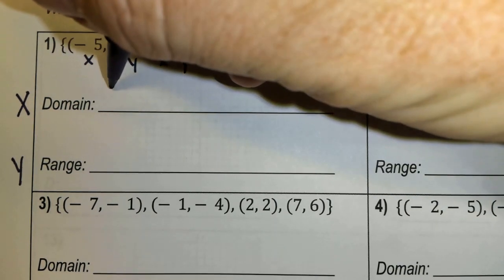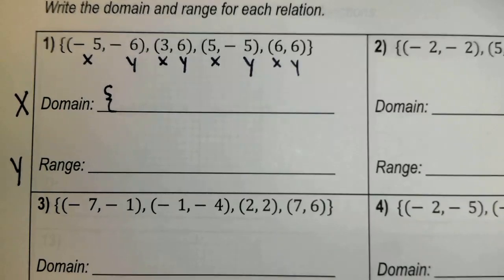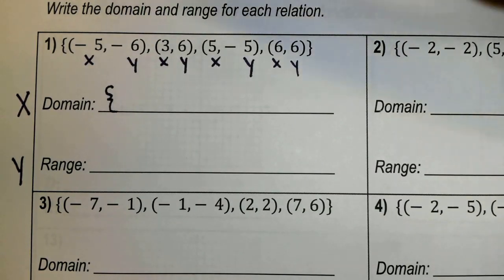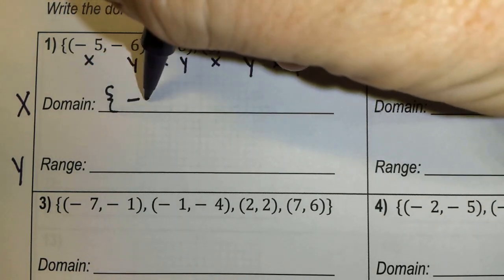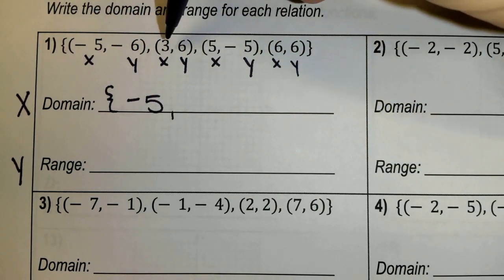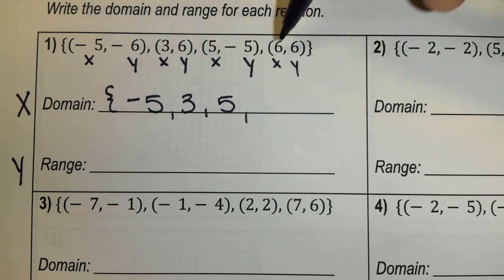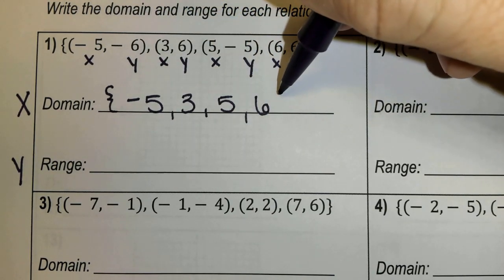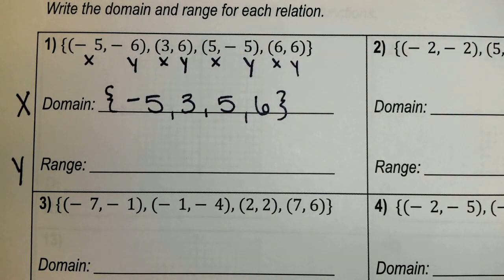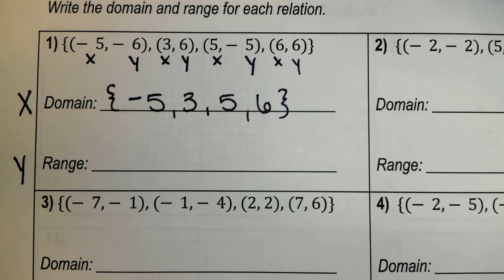Okay, so for domain, I do my fancy bracket. And I'm just going to go in order left to right. So I have -5, 3, 5, and 6. Okay, and that's it for domain. For range, I'm going to write all the y's.